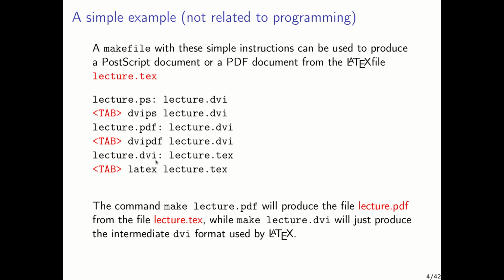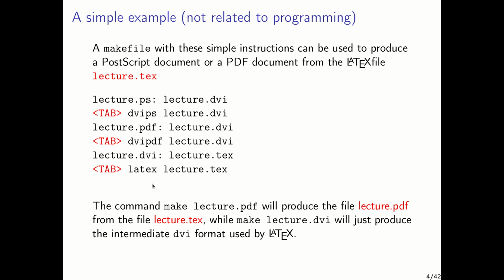This lecture.dvi is the prerequisite to produce either a PostScript file to be sent to the printer using the dvips command, or a PDF file to be sent again to the printer or to be viewed on your terminal or on your tablet with the dvipdf command.